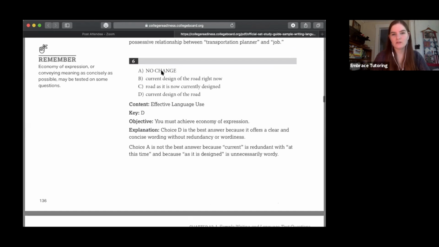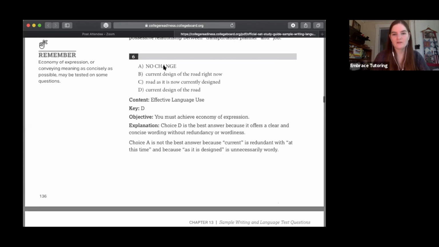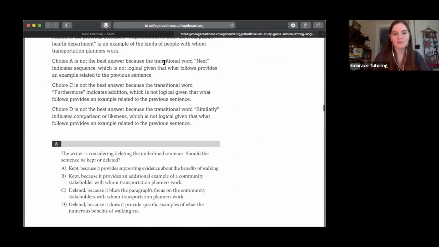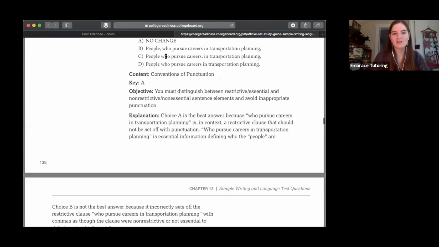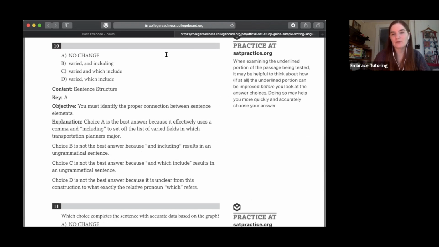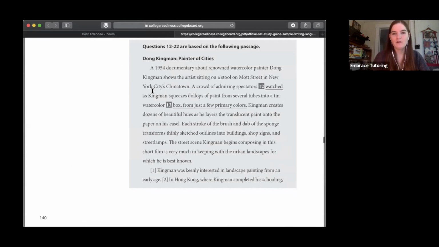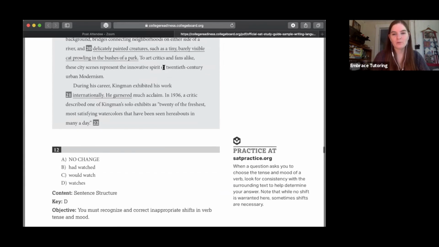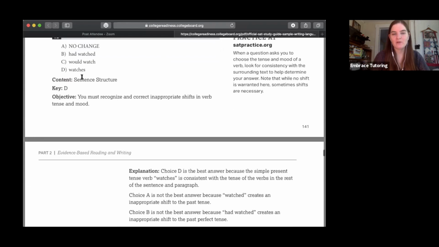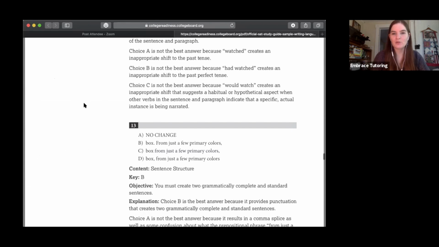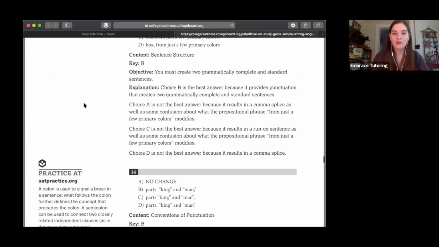And just effective language use. There's nothing else really in this section except breaking down sample type questions, which is very useful, I think, for you because you get a different perspective and a different classification system to see which works best for you.